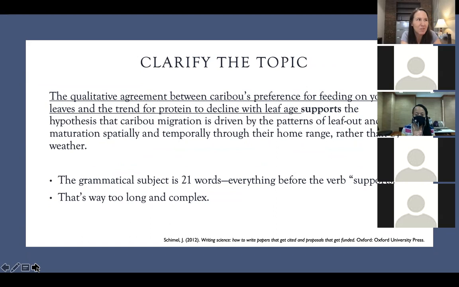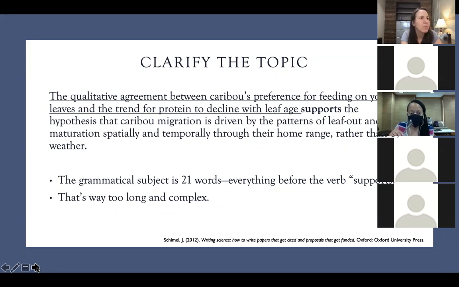It's 21 words long, and it's way too complex. What the writer is doing is they're trying to be very careful and qualify what they're saying, trying to say it very precisely, but they end up lacking clarity for their reader by trying to be that precise.